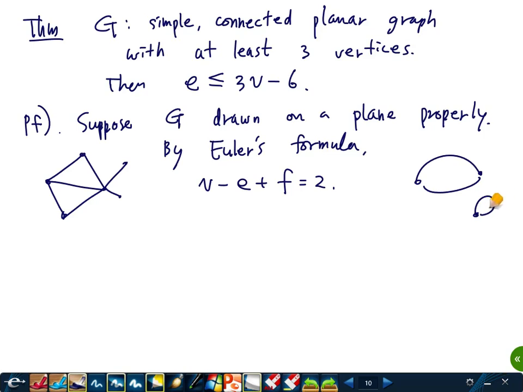The smallest number of edges to make a face is just 1 if the graph is not simple. But we assume that the graph is simple. So how many edges do we need to create one region? We need at least 3 edges. A triangle is the region having the smallest number of edges possible for a simple graph.